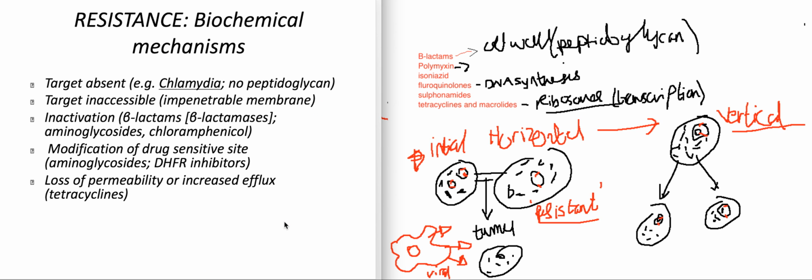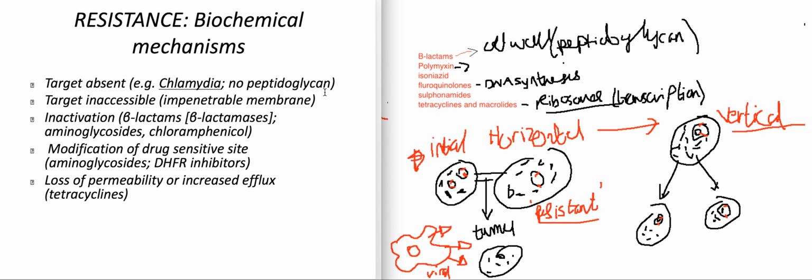Now, there are biochemical mechanisms involved with resistance. For example, chlamydia is a sexually transmitted disease. What you have is an absence of the target, so there's no peptidoglycan.